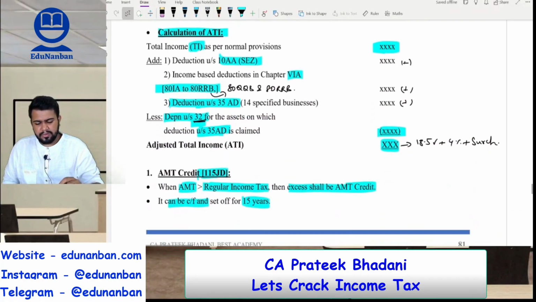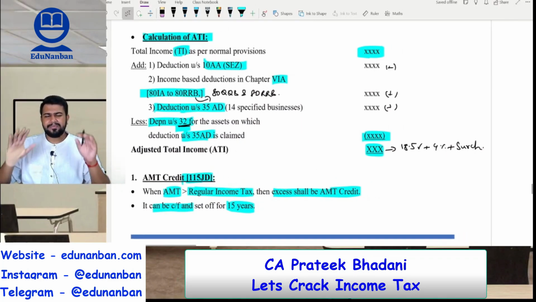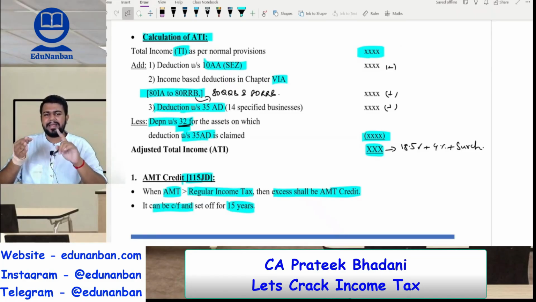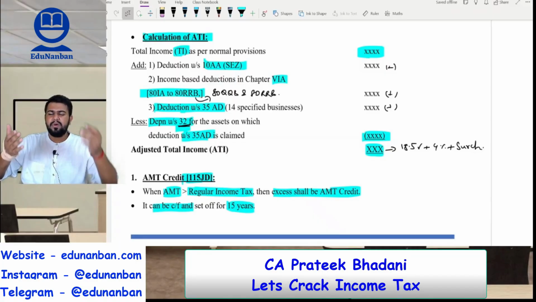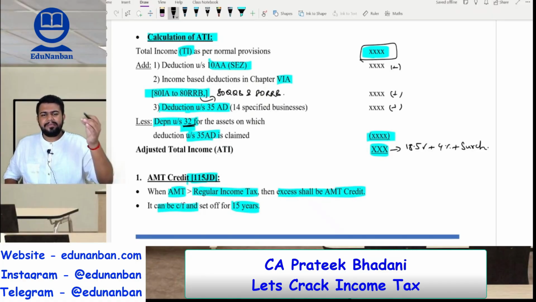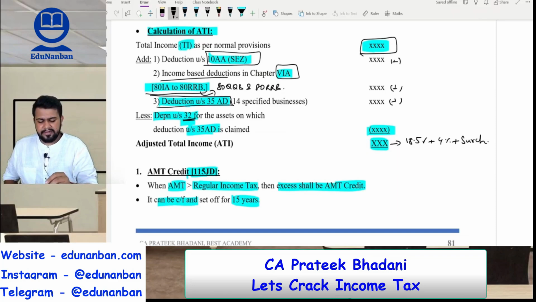Okay. Now how to calculate adjusted total income? Adjusted total income is basically the total income on which you should reverse all the deductions under section 35AD, 10AA and income based deductions. You have to reverse them. So how to reverse them, sir? First take the total income, okay, then add back the deductions which have been claimed under section 10AA, then income based deduction under chapter 6A, that is 80IA to 80RRB, and then deduction under section 35AD.